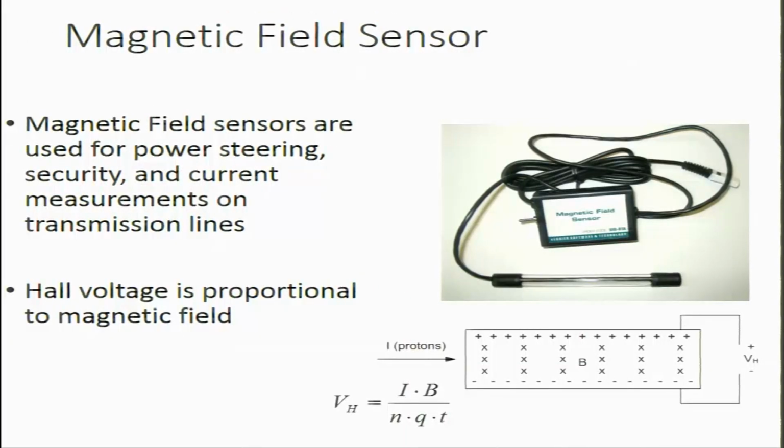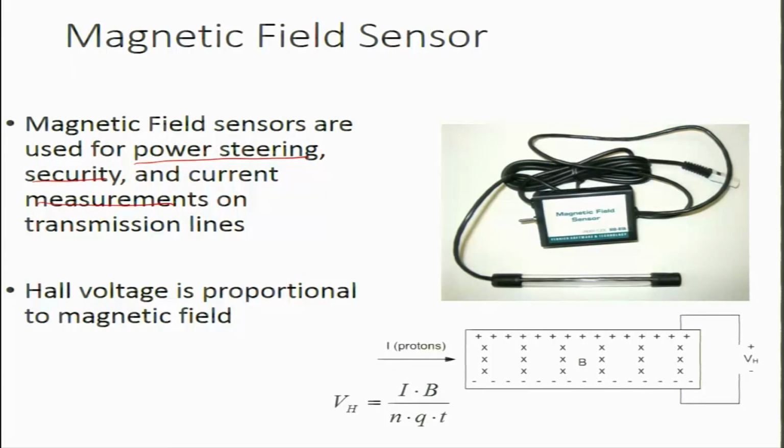Sensing is also carried out for magnetic fields. A variety of applications exist for magnetic field sensors in power steering, security, current measurements, transmission lines, and so forth.